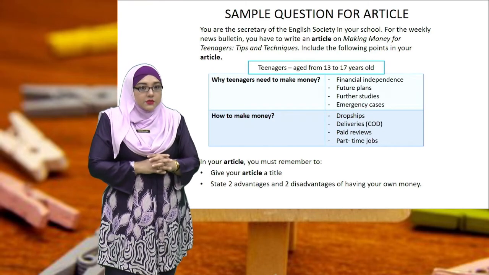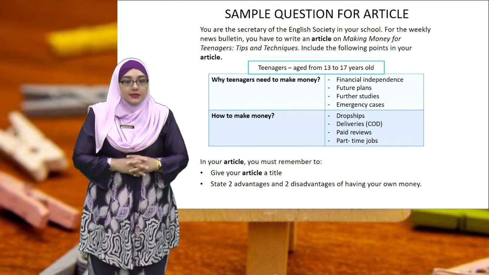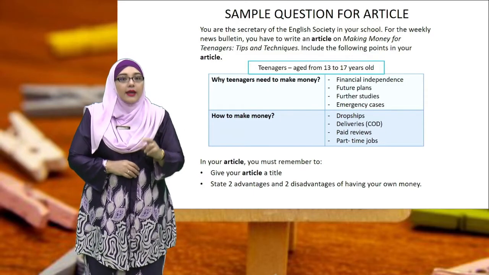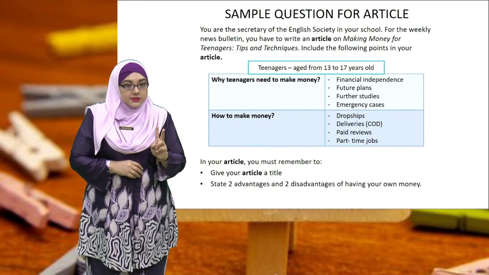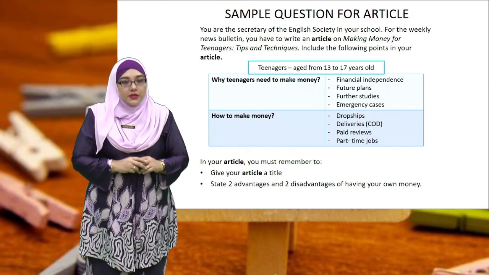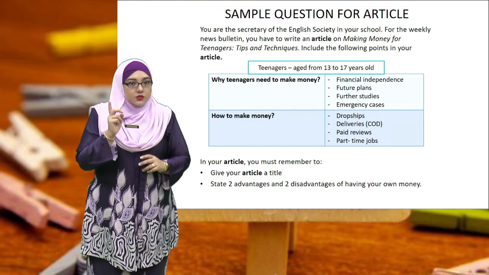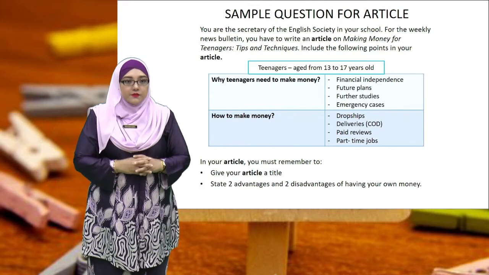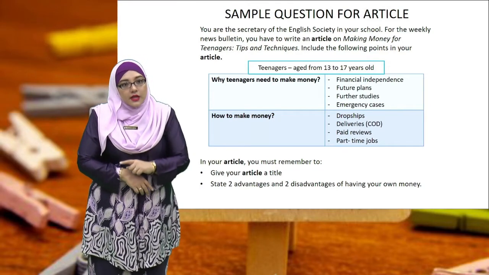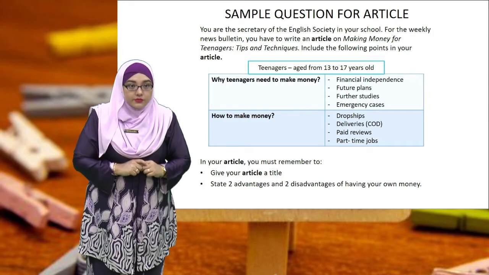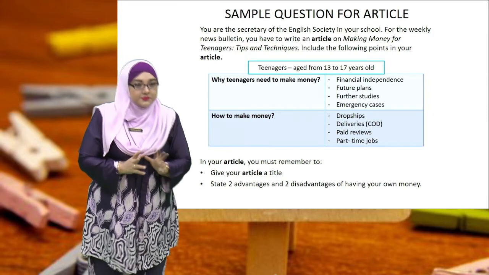So in your article, you must remember to give your article a title and state 2 advantages and 2 disadvantages of having your own money. So if you can see in the question, there are 1, 2, 3, 4, 5, 6, 7, 8, 9 content points given, and you need to write your 4 content points that you have to come up with on your own. Okay, clear?